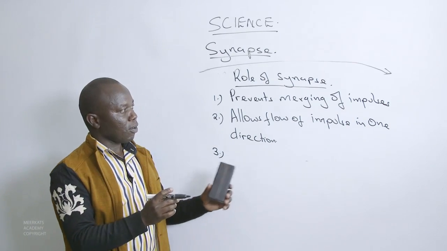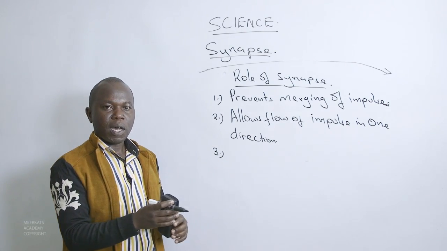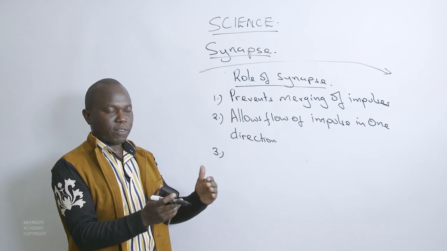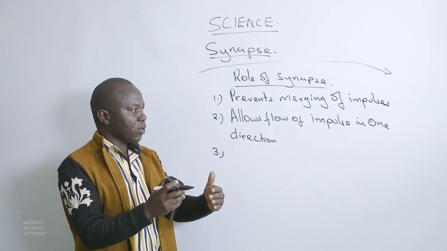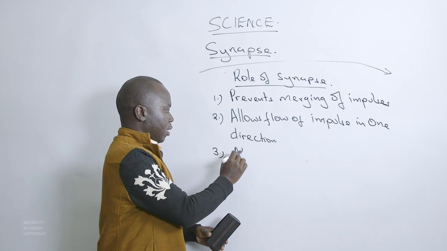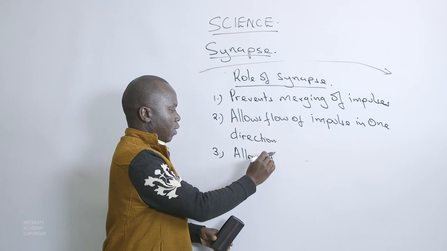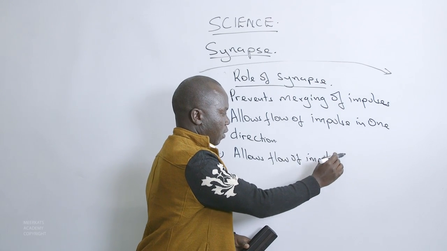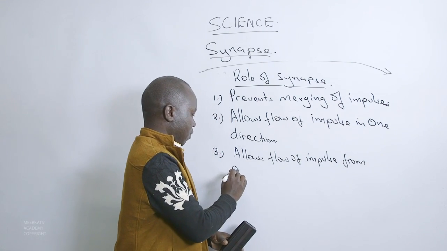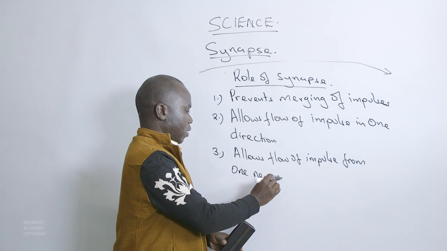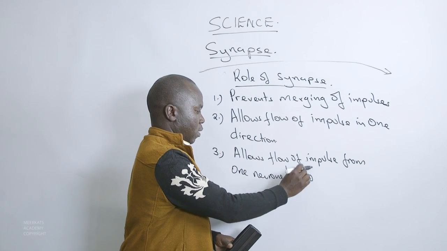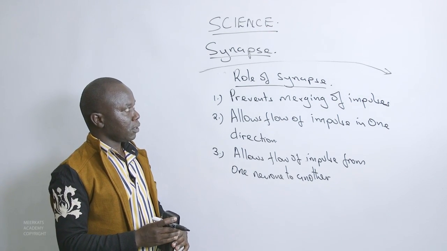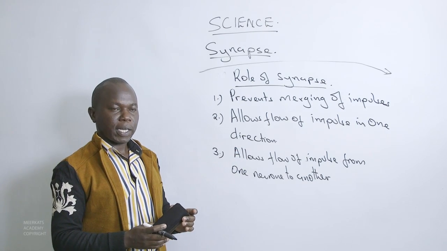Then the other role of synapse is to allow flow of impulse from one neuron to another, especially if they are adjacent. So these are the roles of the synapse.